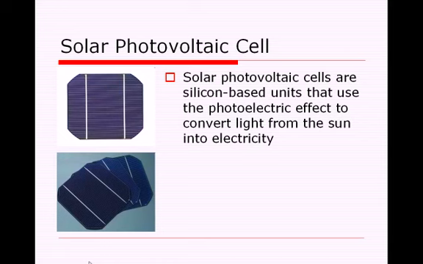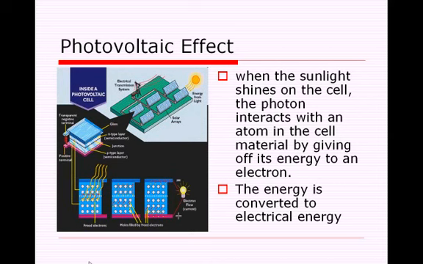A solar cell is a device that converts sunlight energy into electrical energy. So how does a solar cell work? Inside the solar cell, there are N types and P types.